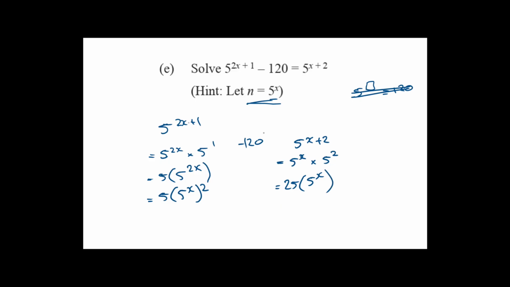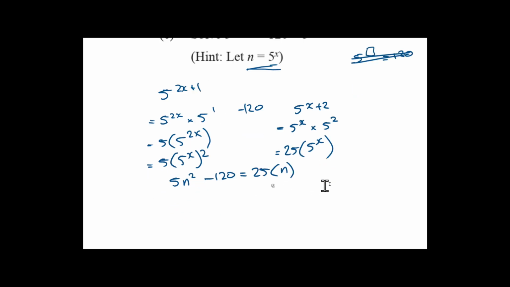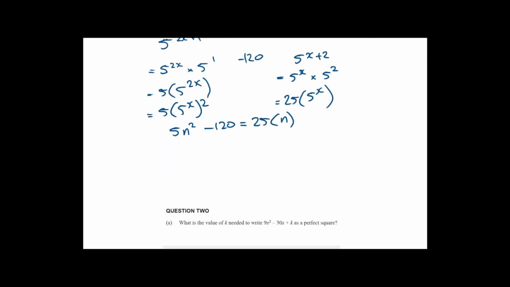And now I'm going to let 5^x be equal to n. So this one here becomes 5n squared minus 120 is going to be equal to 25 times n. And now we want to solve for n, and it's already in a quadratic format, so let's do that.